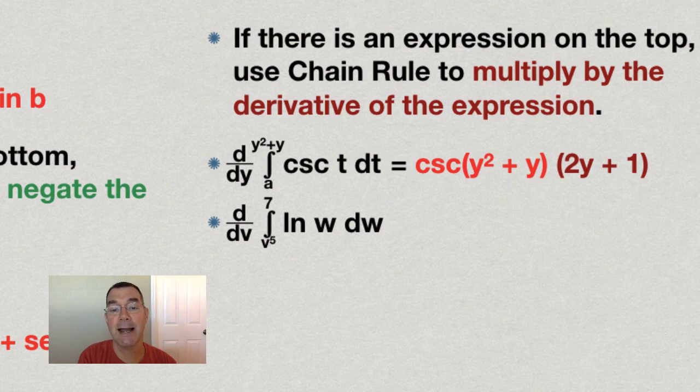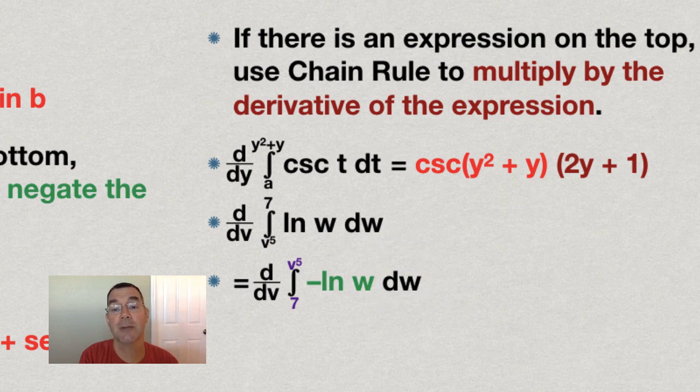All right, let's say I have the derivative with respect to v of the integral from expression v to the fifth up to constant 7 of the natural log of w dw. Now notice again, this has got a couple of problems. First of all, it's got an expression, and second of all, that expression is at the bottom. So what I need to do is switch the order, which means that the integral changes sign.